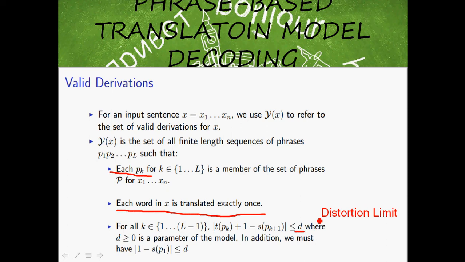D here means the distortion limit, which is typically 4. Why do we need this? The reason for D is that for too far positions, the translations tend to be poor. So I need a D here.